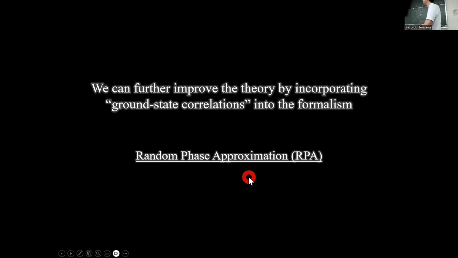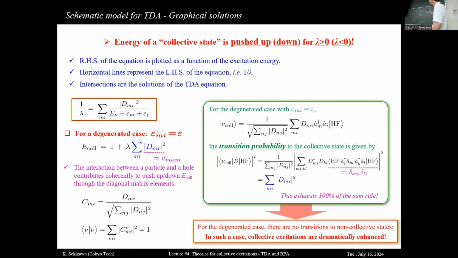And this is related to the emergence of the giant resonances and also the low-lying excited states that I mentioned in the beginning of this lecture. Oxygen-16 has lower excitation modes below the simple one-particle, one-hole excitation. So anyway, these are the properties of the Tamm-Dancoff equations, and that gives us some idea of collective states.